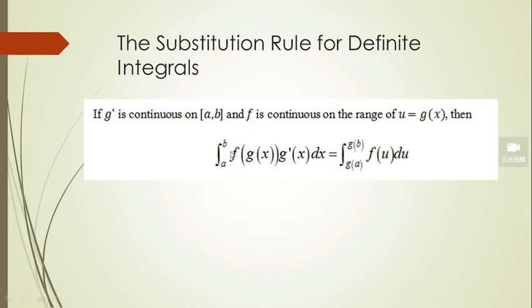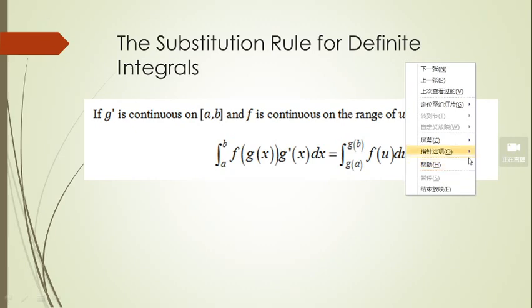So to evaluate the definite integral from a to b of f(g(x)) times g prime dx, with the lower and upper limits a and b, that becomes the integral of f(u) du evaluated from g(a) to g(b).